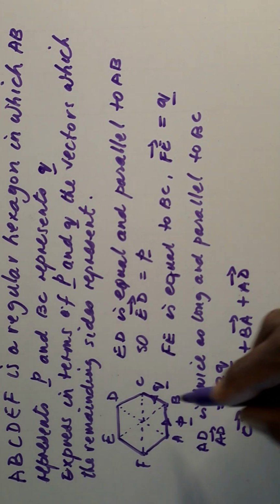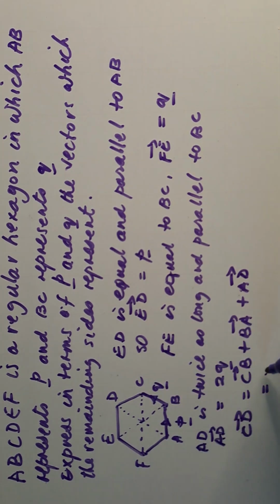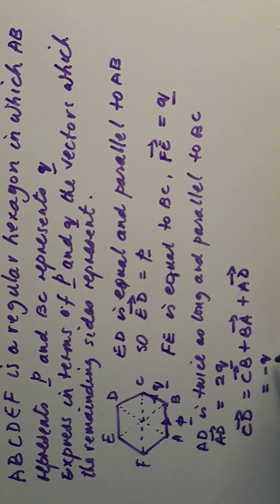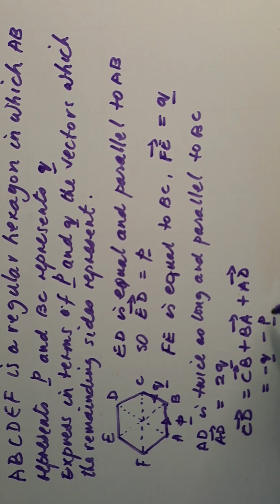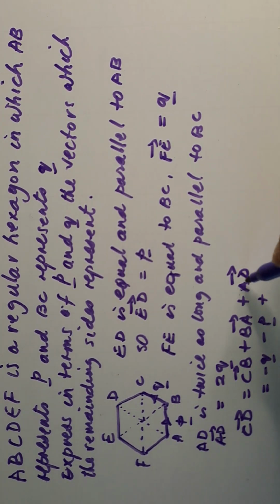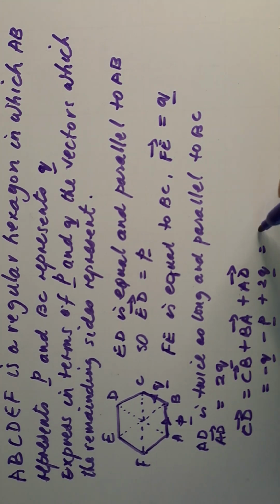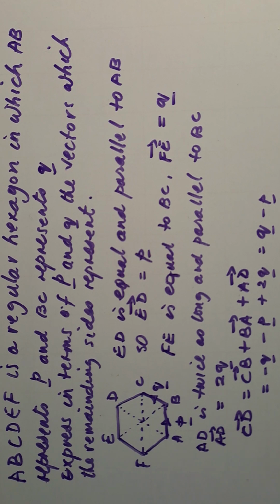CB will be going in the opposite direction, so it's negative, opposite sense. BA, again, AB is positive, so BA would be negative. And we just calculated AD, which is 2Q, which gives us the result Q minus P.